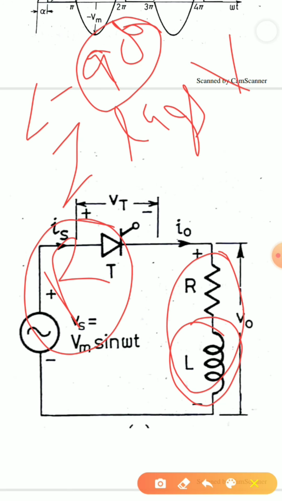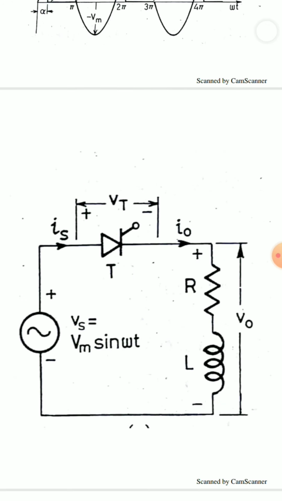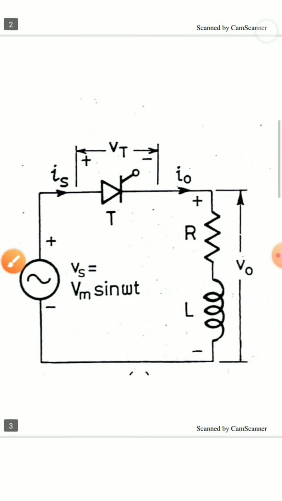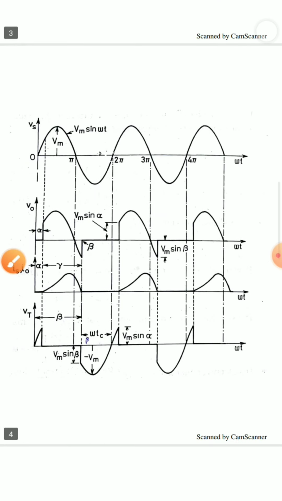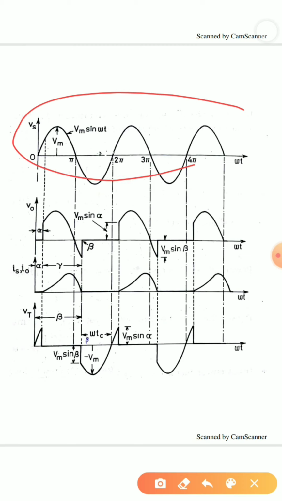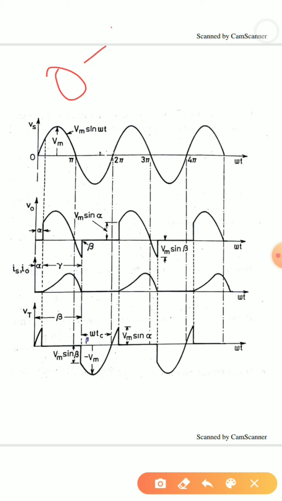So here we can clearly see that there will be some changes in the output waveforms that I am getting. As in the previous case, let us look at the waveform. This is my source voltage, this is the output voltage, output current, and VT, the voltage across the thyristor T. When omega T is 0, my thyristor is forward biased, but it is not conducting.